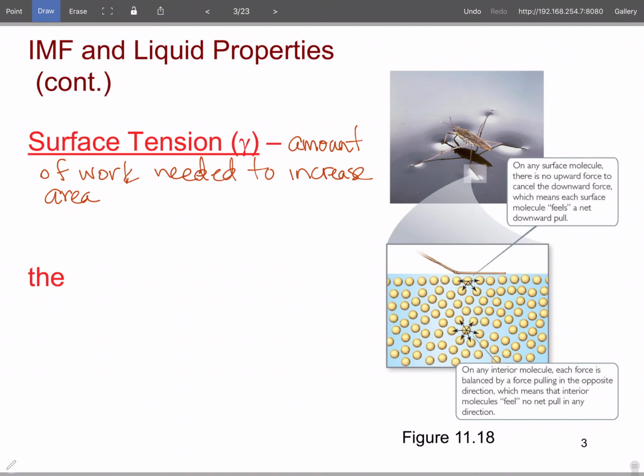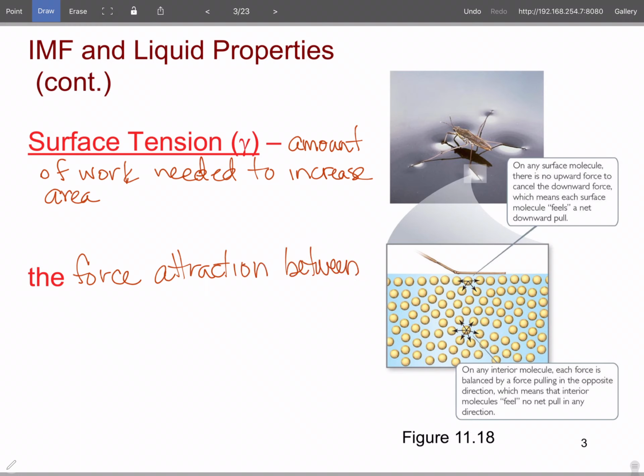And then once it's free of where it's coming from, it balls up, because what it's trying to do is minimize the surface area. And basically it's the force of attraction between particles of a liquid.